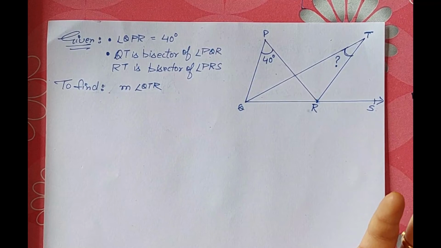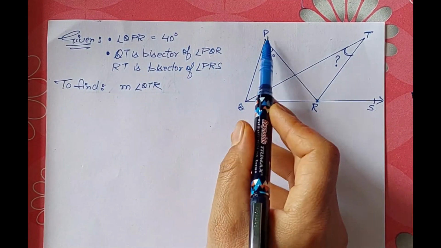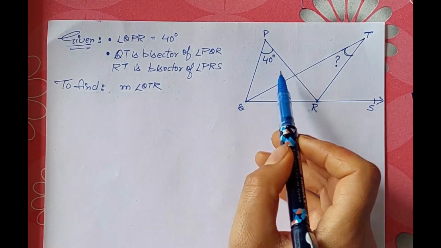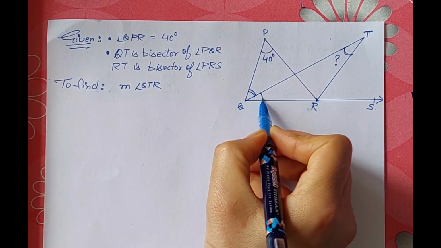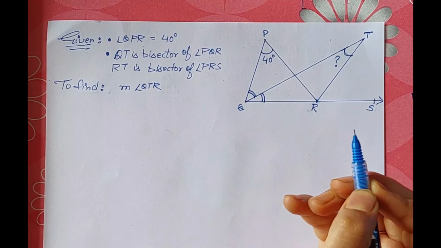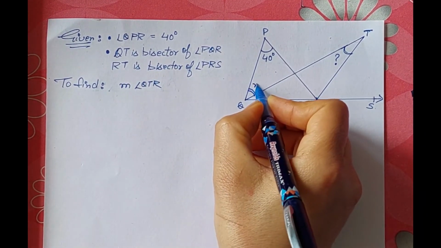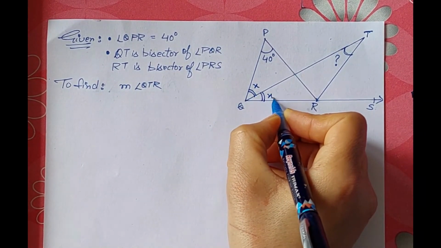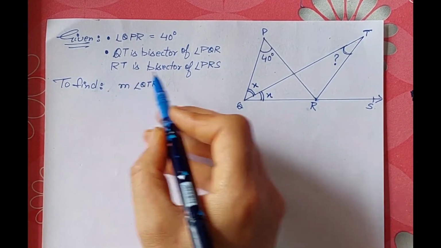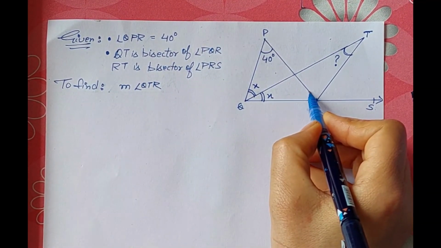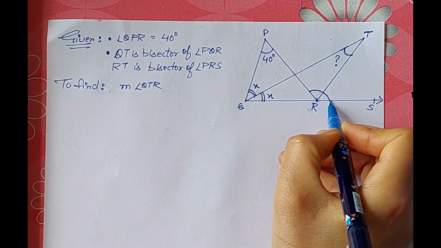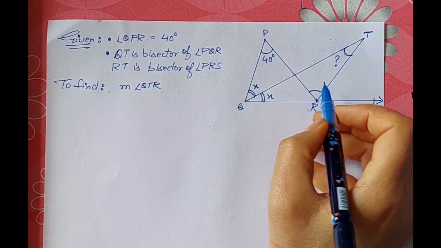Just try using them. QT is the bisector of PQR, so that means these two angles are equal. This is equal to this. So let's call them X. Similarly, RT is the bisector of this full angle.